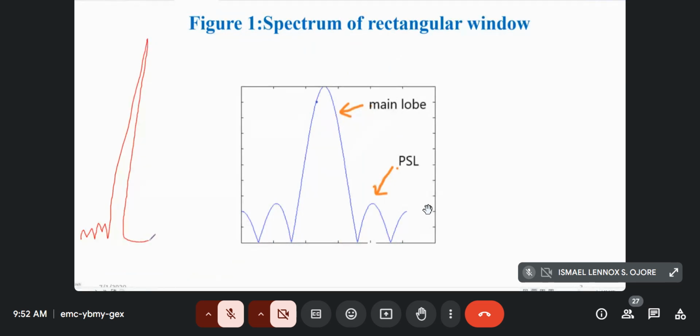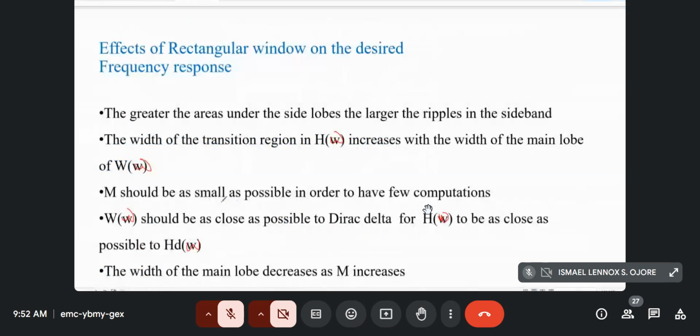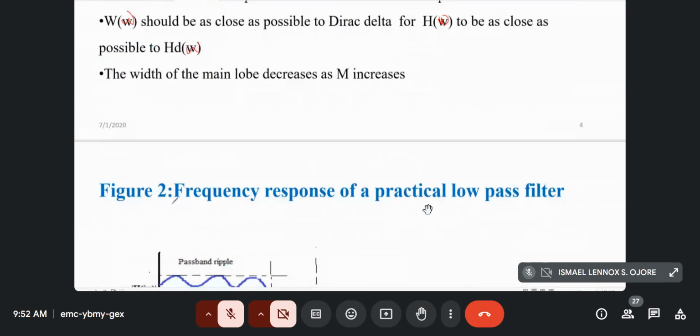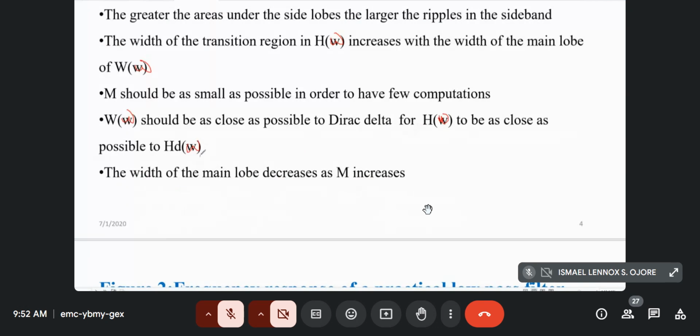That's what we are saying. If it becomes a Dirac delta, then H desired will be the same as H of omega. You get it. That's what you're trying to say. This should be as close as possible to the Dirac delta.